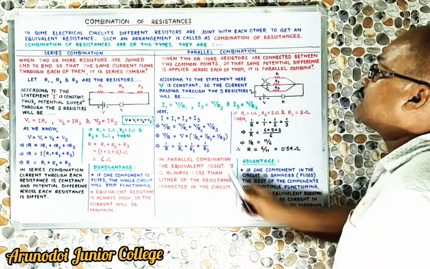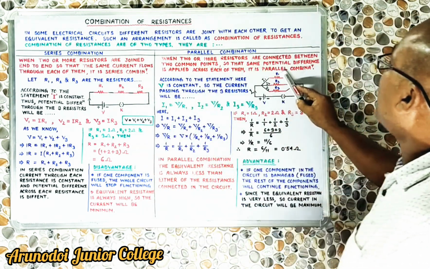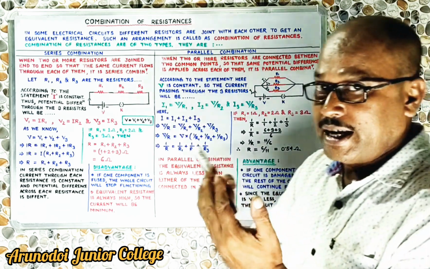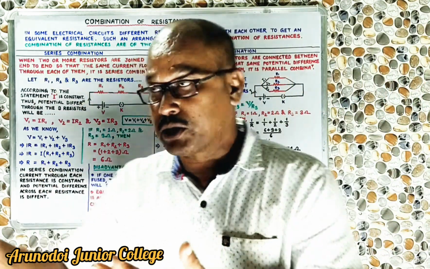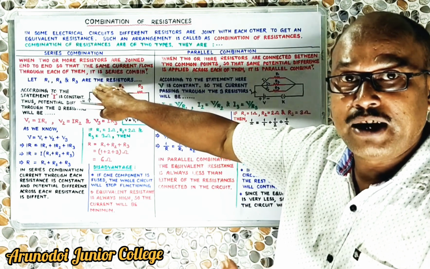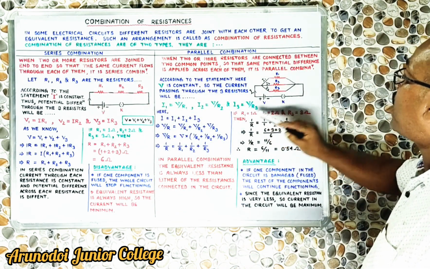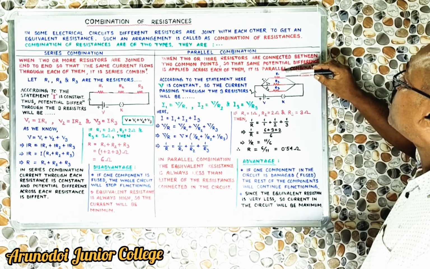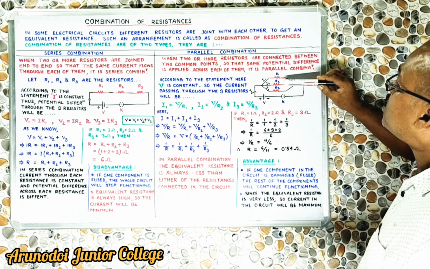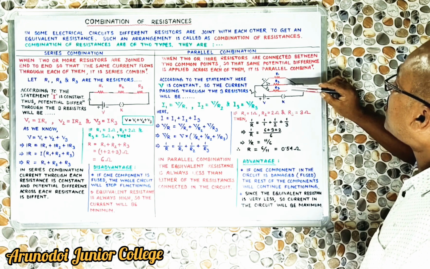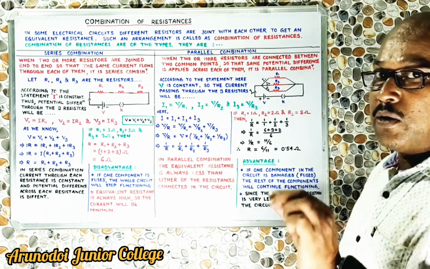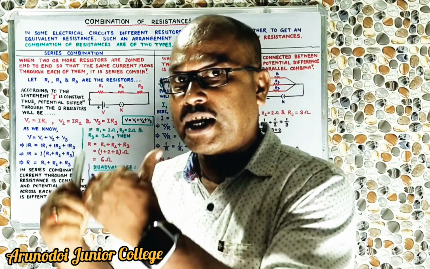Now let us see the same example. This R1, R2 and R3 have values 1 ohm, 2 ohms and 3 ohms, like we have taken in the case of series combination. The value of the first resistor R1 is 1 ohm, the value of the second resistor is 2 ohms, and the value of the third resistor is 3 ohms. Then what will be the equivalent resistance in this circuit?